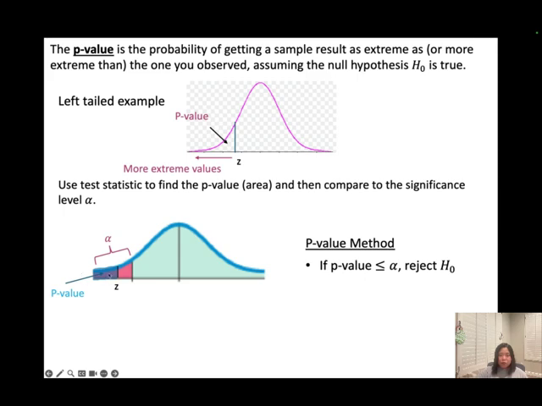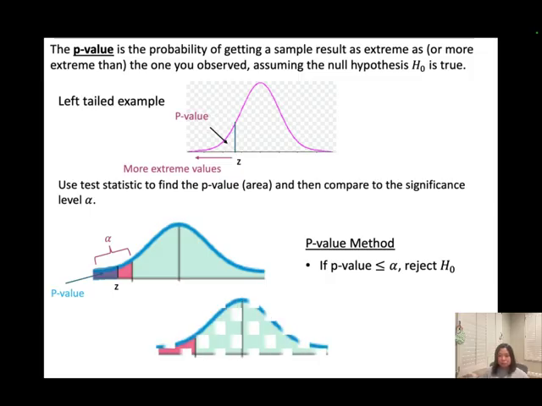If the p-value is less than the significance level, then you reject H0. Okay, we reject H0. It means we do have strong evidence to support the alternate hypothesis.